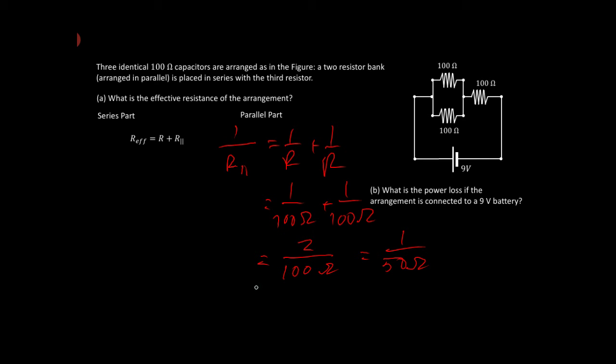So if 1 over R parallel is equal to 1 over 50 ohms, then R parallel is just 50 ohms. So I've just taken that 2 and brought it down here. So we have 100 ohms over 2. That's 100 over 2 is 50. So this is all the old algebra stuff. It's the complicated algebra stuff that you really, really loved in high school.